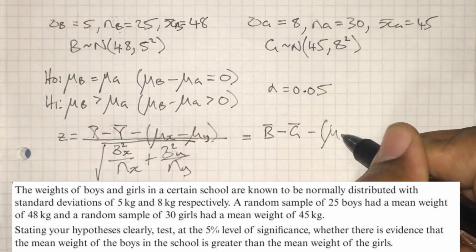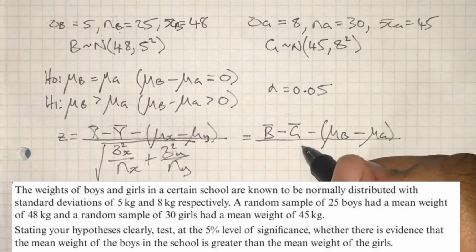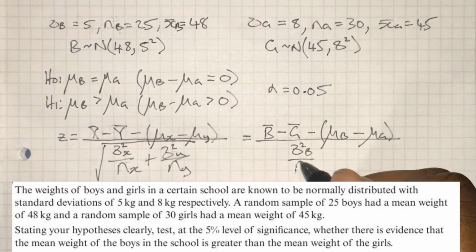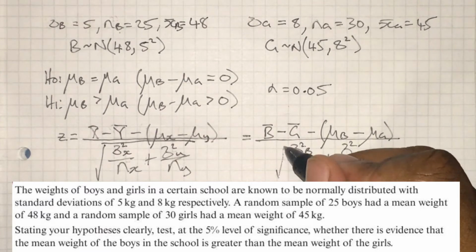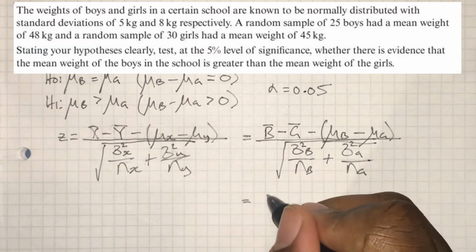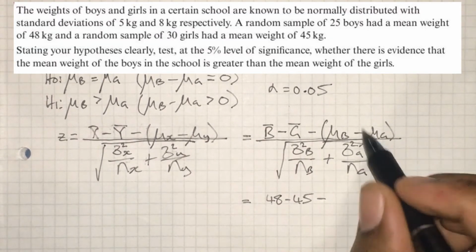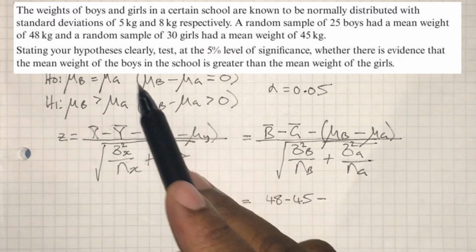In this case, I'll change the variables just to match. And if you notice in the brackets here, I've got mu b minus mu g, the mean for the boys minus the mean for the girls. And I did write with my null hypothesis that this equals 0. So I'm able to substitute 0 in for this bracketed expression.